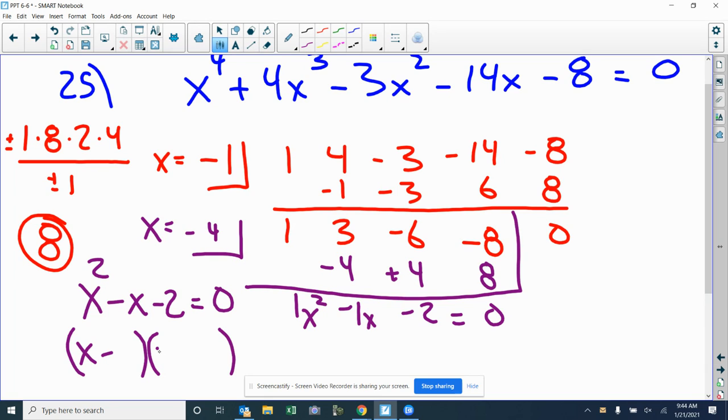Minus and plus. We're gonna put 2 here and 1 here. I think if you pull that back out, you will get that. Okay? So now we're gonna solve for this. So 1x is +2. So we're gonna have x equals +2, right? This one is x equals -1.